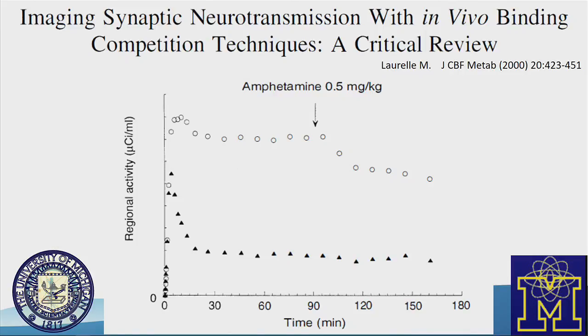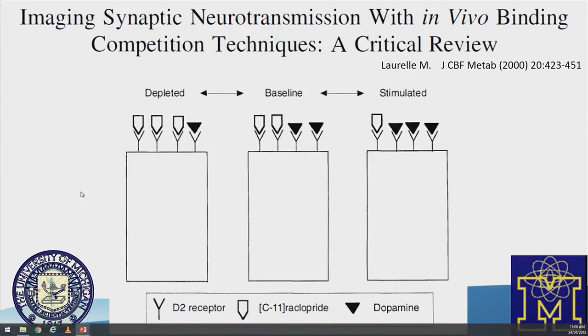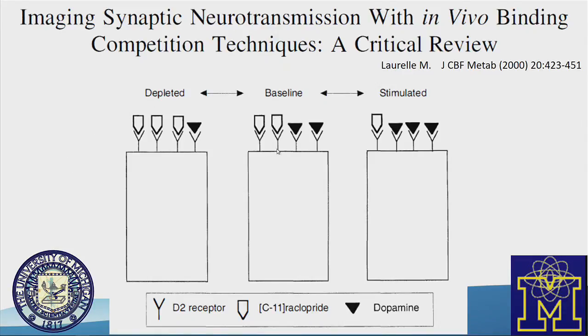So the interpretation of this is that the synaptic dopamine level has risen and it has competitively reduced the available binding sites for the radiotracer, so that under baseline conditions you have D2 receptors, some of them occupied by dopamine and some of them available for raclopride PET binding. If you do something to stimulate the presynaptic release of dopamine, you get more dopamine occupancy and there are fewer receptors available for the radiotracer.